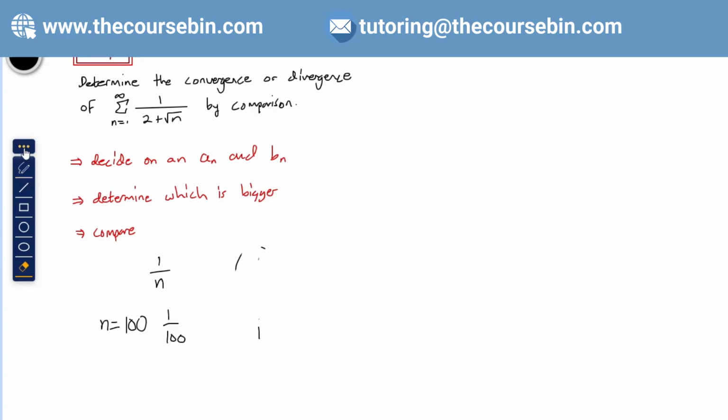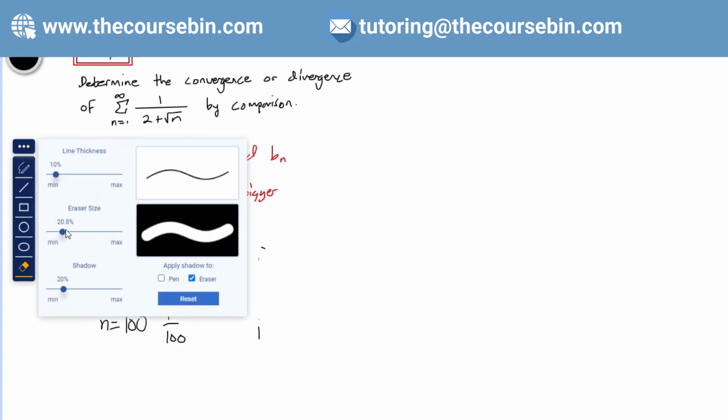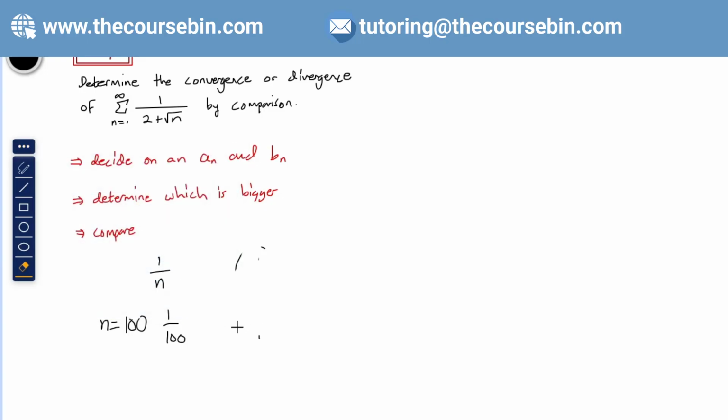Okay, so we've chosen an appropriate series representation, and we know which is bigger. So let's say, since in the theorem that we wrote down we let b sub n be the bigger one, right?